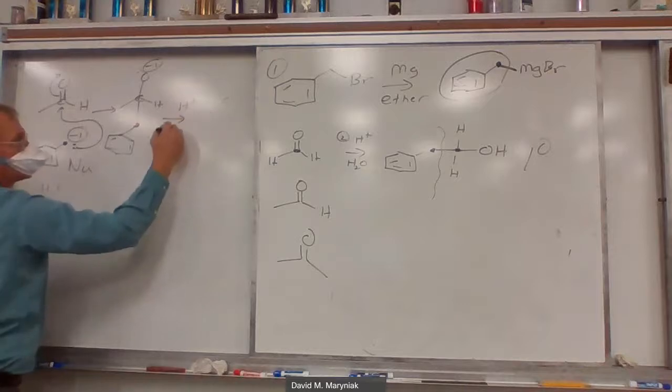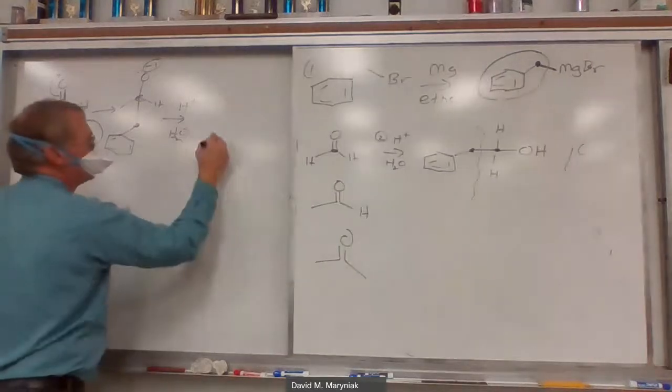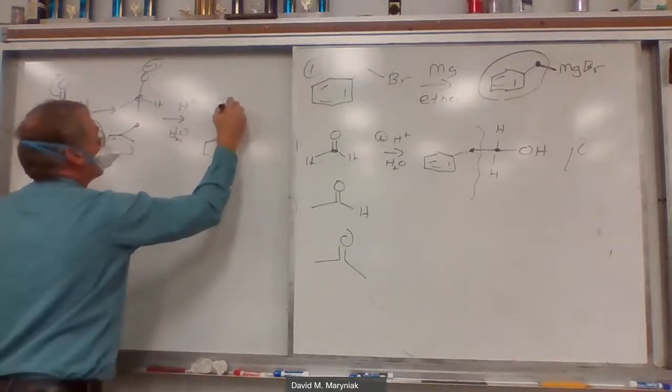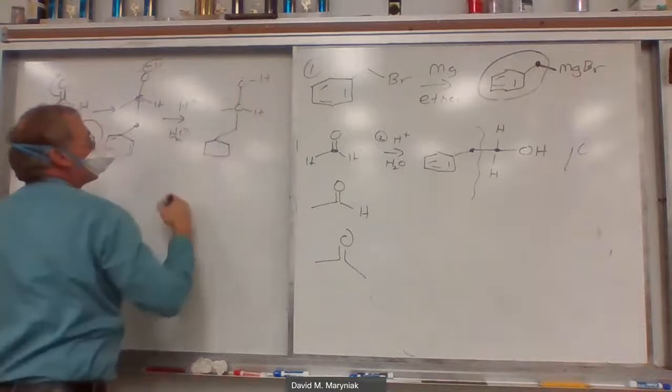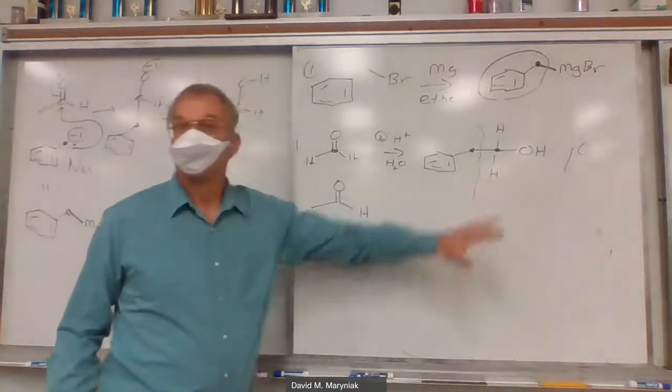And what happens when you add acid and water? The O picks up an H, and where would we be? In relation to what type of alcohol versus what we made here.